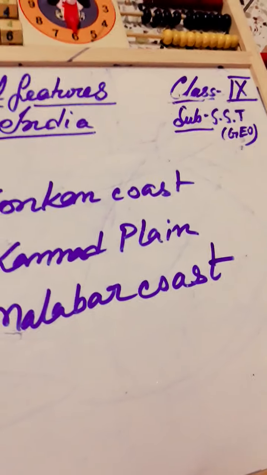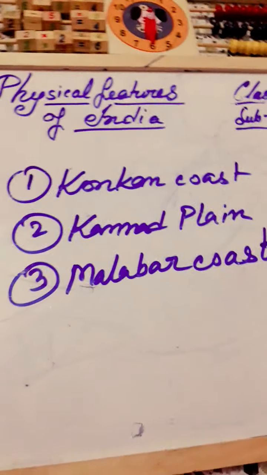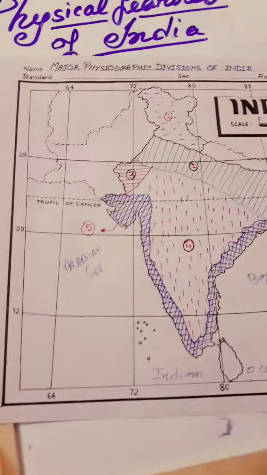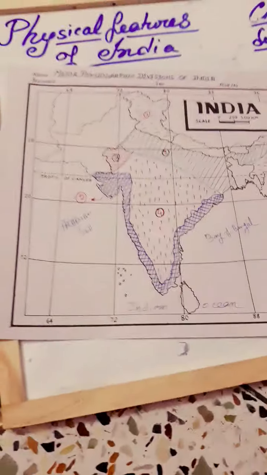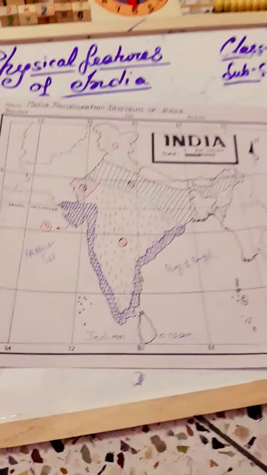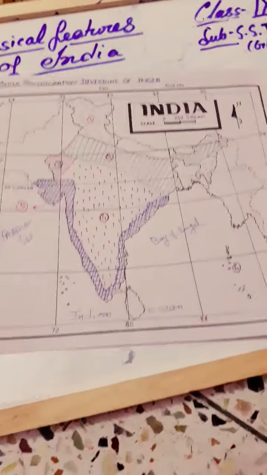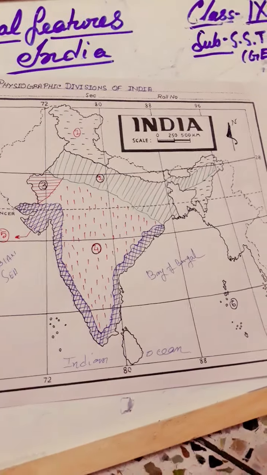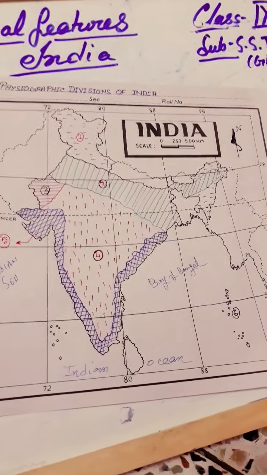Now we have to discuss the island portion. First we have to know what an island is, and in earlier classes you have gained that idea. An island is land which is surrounded by water on all sides.